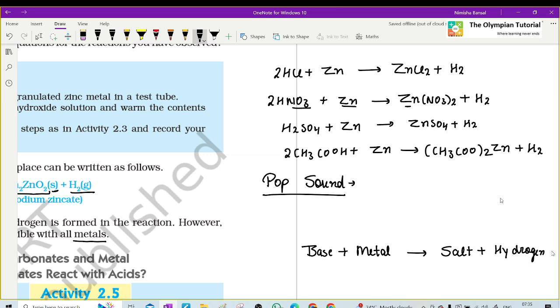Metals react with acid, but not all metals react with bases.